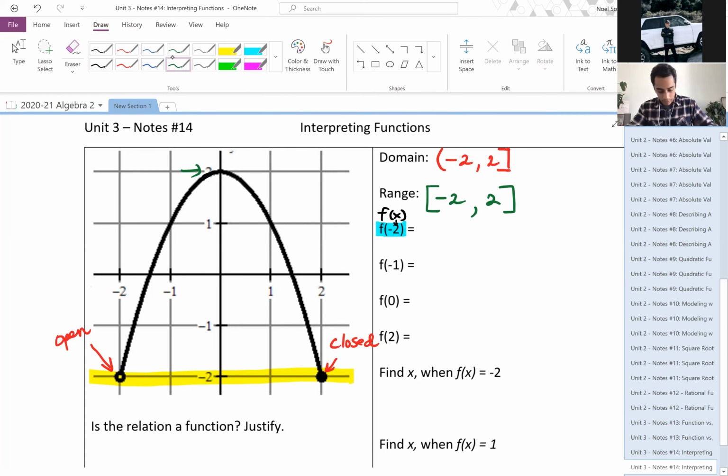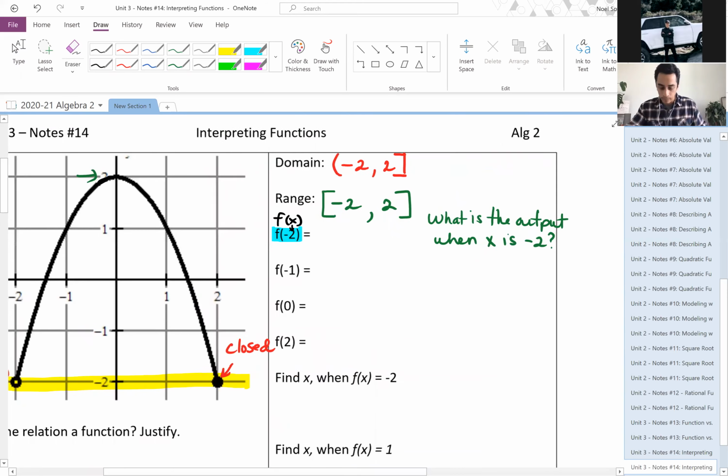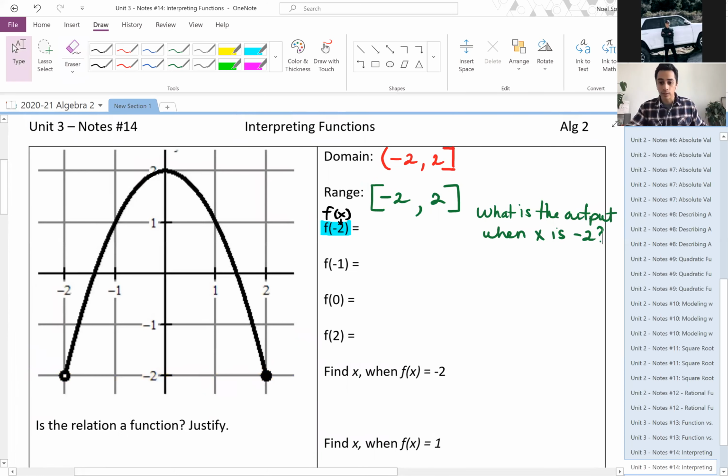What this is translating into is basically asking, what is the output when x is -2? So if I'm looking at the graph, the first thing to do is, where is -2 along the x-axis? Well, it's over here.